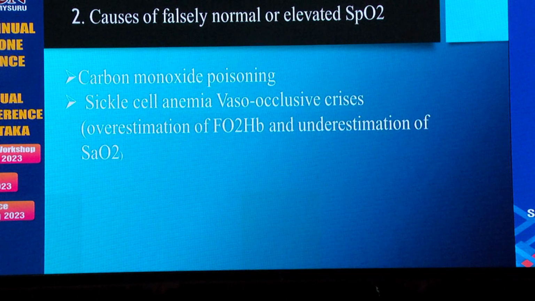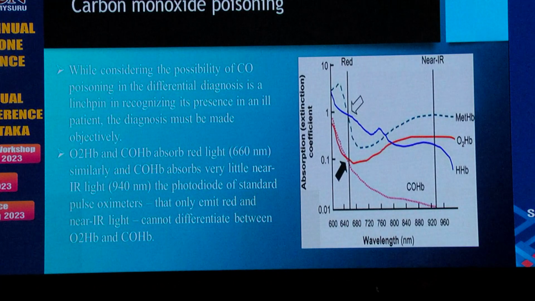Second, causes of falsely normal or elevated SpO2. Most common is carbon monoxide poisoning. What happens in carbon monoxide poisoning? The possibility of CO poisoning you can identify clinically. A patient with normal pulse oximetry who is critically ill: this is as simple.